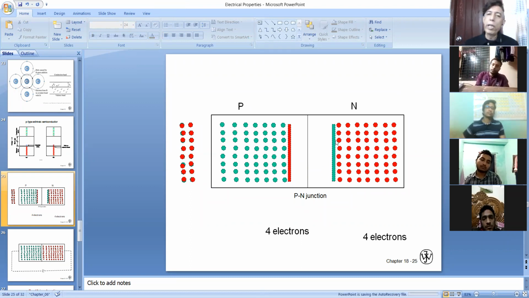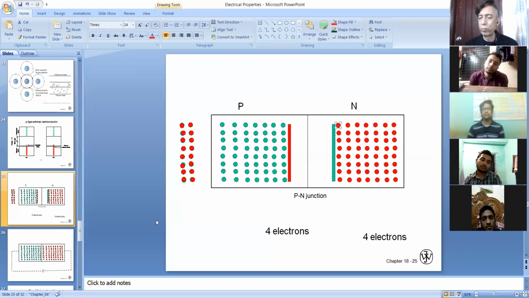So if now one electron tries to go to this side, this negative charge will repel this electron and it will come back again here.